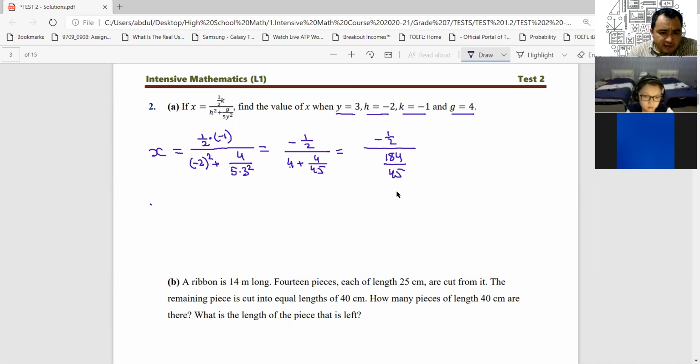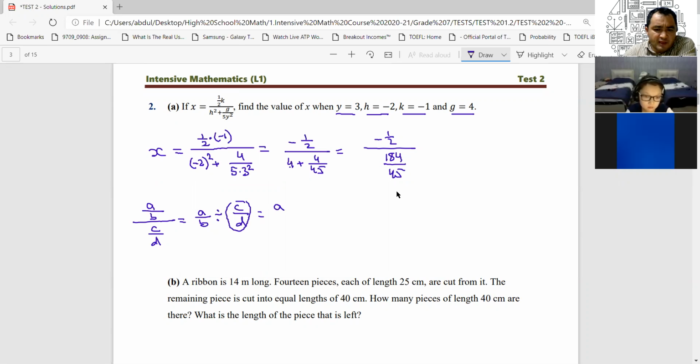So now we have something like this, A over B over C over D, right? What does it mean? It means that A over B is divided by C over D. And we know that to divide a fraction by another fraction, first we have to change the division into multiplication. That means that we have to just flip, right? And change the fractions upside down.